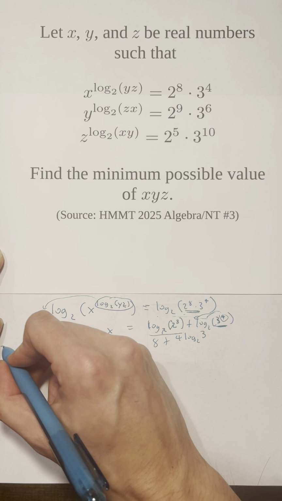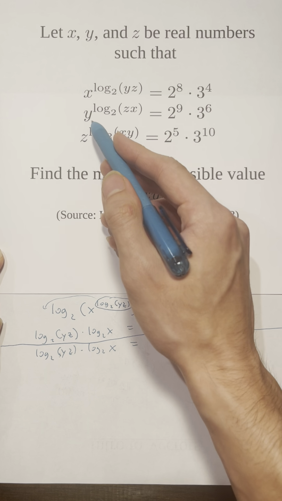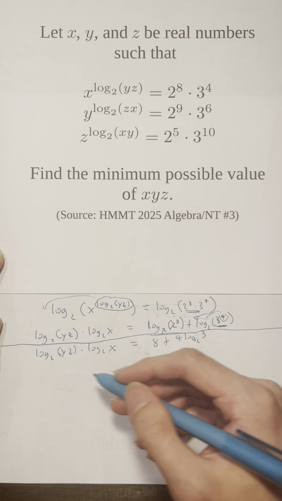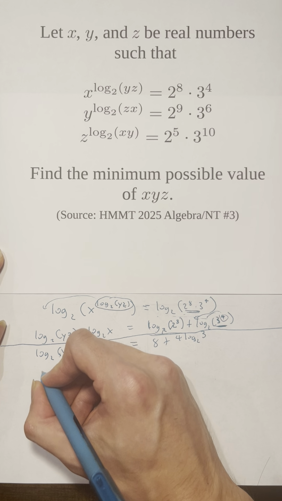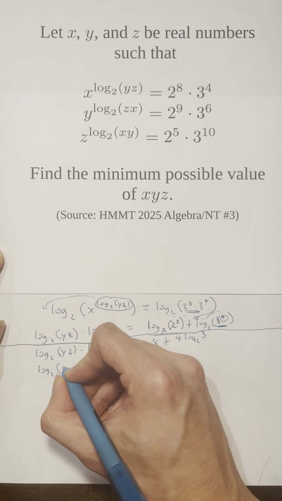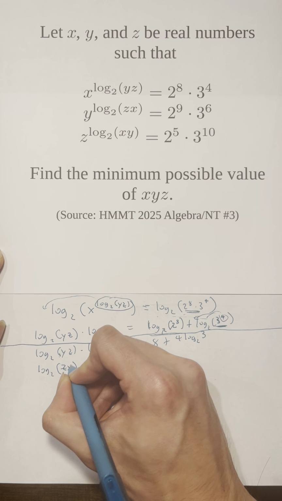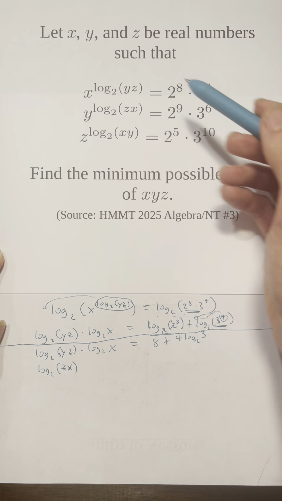Okay, so if we do the same thing with the second equation, what's the new equation going to be? So that's going to be log base 2 of zx. Basically what I'm doing here is taking advantage of the symmetry.